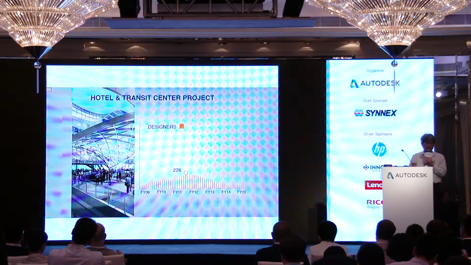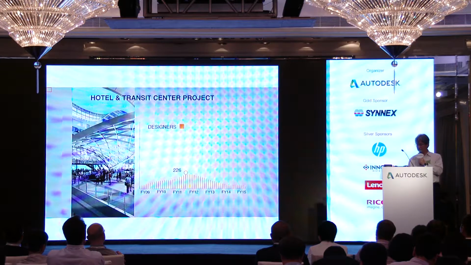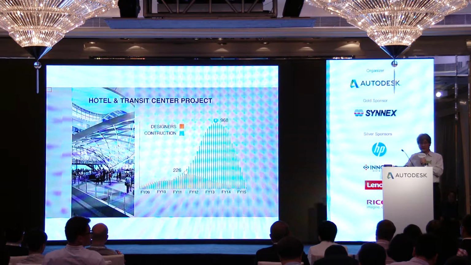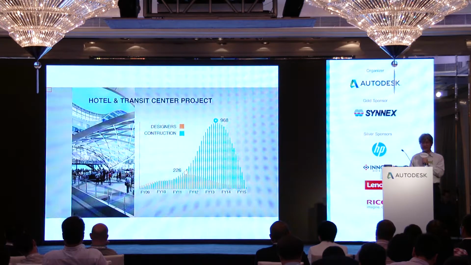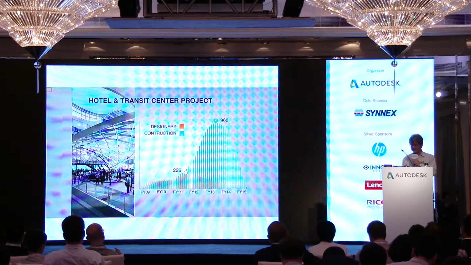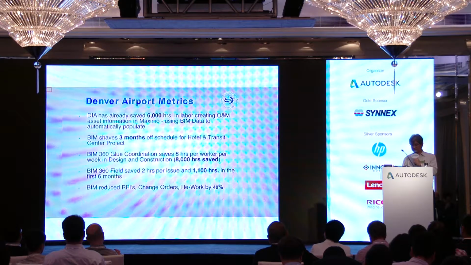Another most difficult thing is that they have to liaise with more than 200 designers. And then during the construction stage at the peak, they have to handle 200 designers plus almost 1,000 contractors. I think without this kind of tools, they cannot achieve the task.